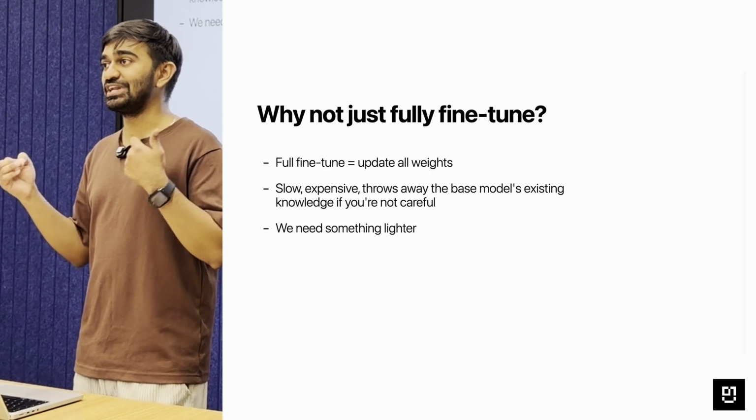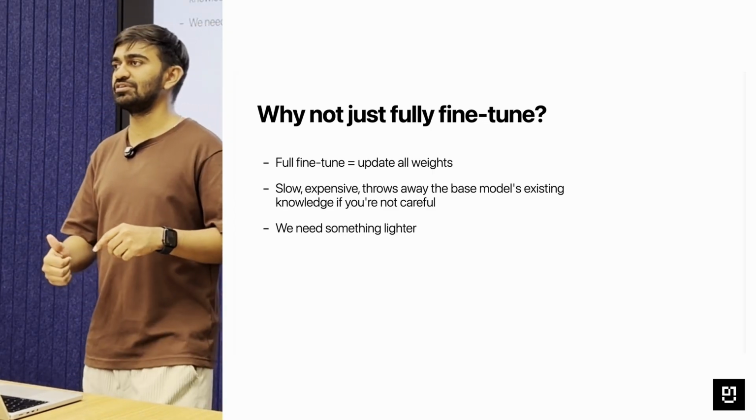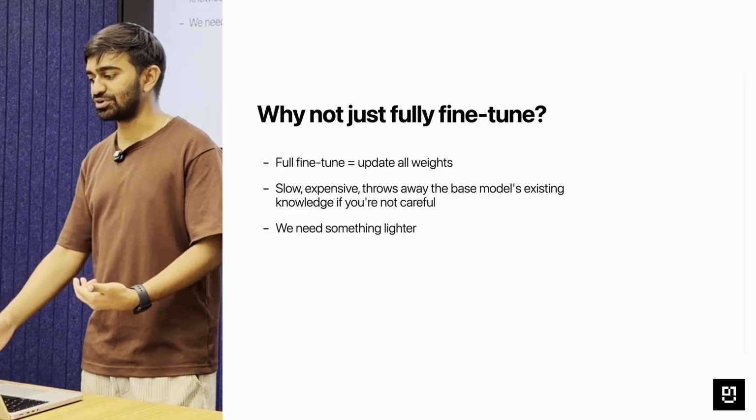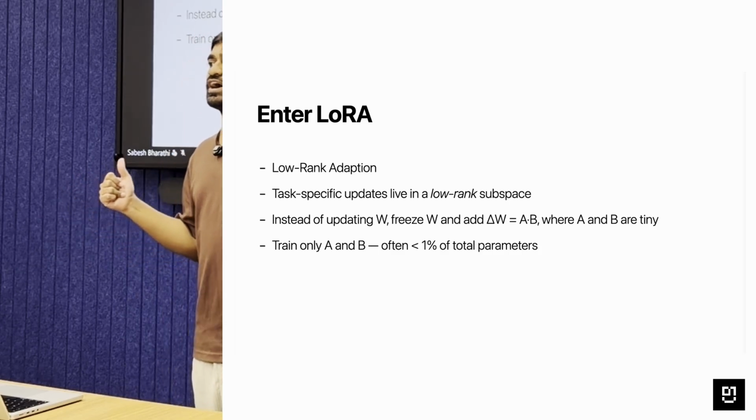So you have to really know what you're doing, and your data needs to be clean, and we need something lighter that can happen faster in lesser compute on your laptop per se, which is where we have LoRA.